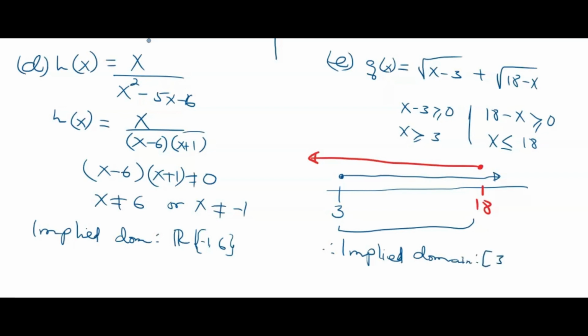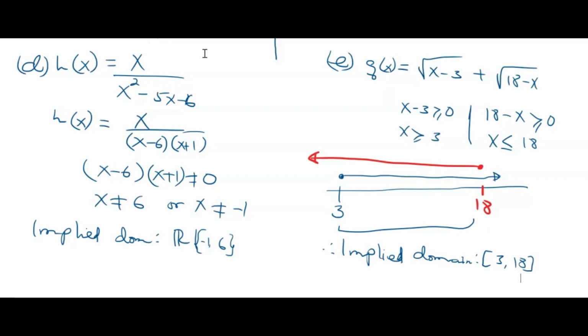It's going to be 3 to 18. Otherwise, if you substitute any other number, let's say 2, then 2 minus 3 is going to be negative, so that's not going to work. Any number other than that will not actually work.